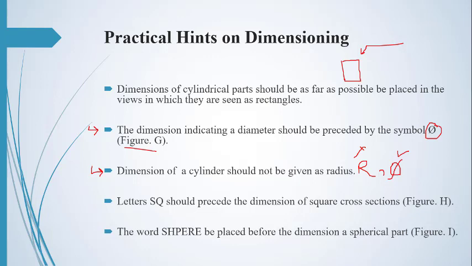The letters SQ should precede the dimension of square cross sections, and the word sphere must be placed before the dimension of a spherical part. So let's see all of these hints in the given figure.